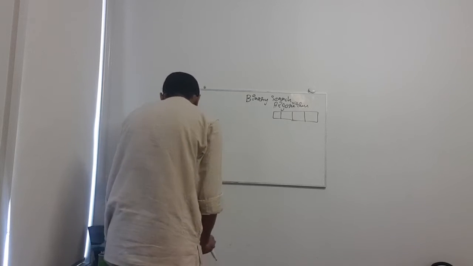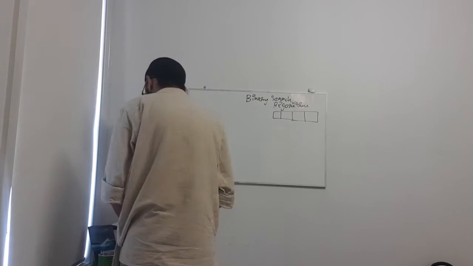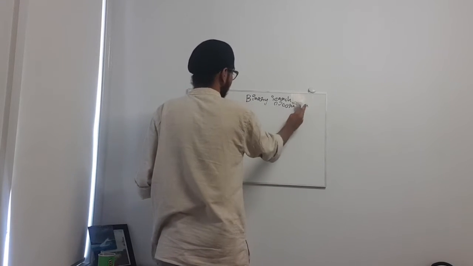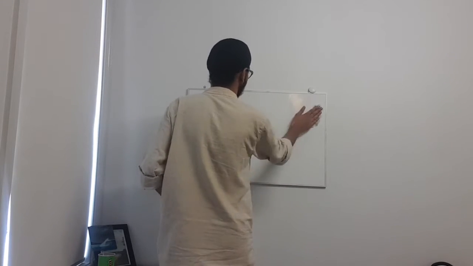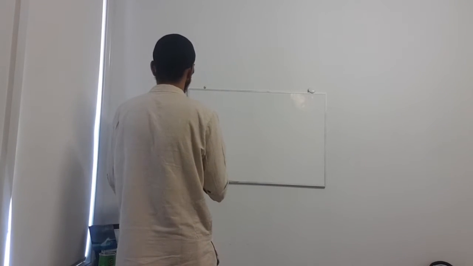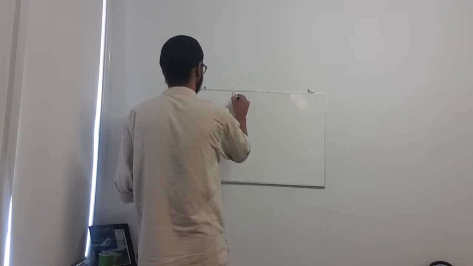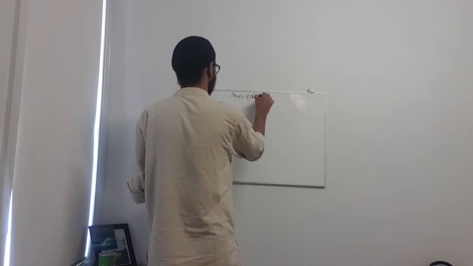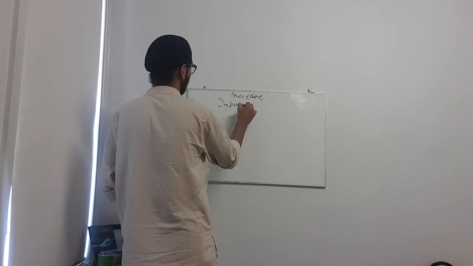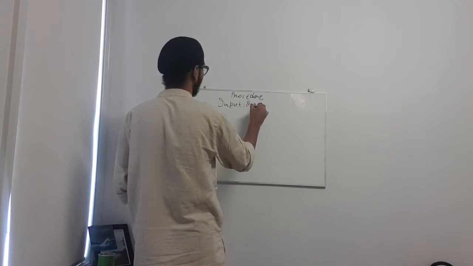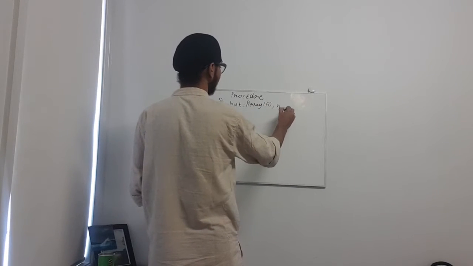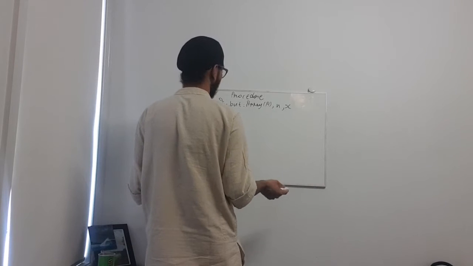Let's first have a look at the procedure, so that you can understand it and then implement it in any other programming language. For this algorithm, we will have some input, which is an array, say A, the number of elements in it, and x, the element that we want to find.